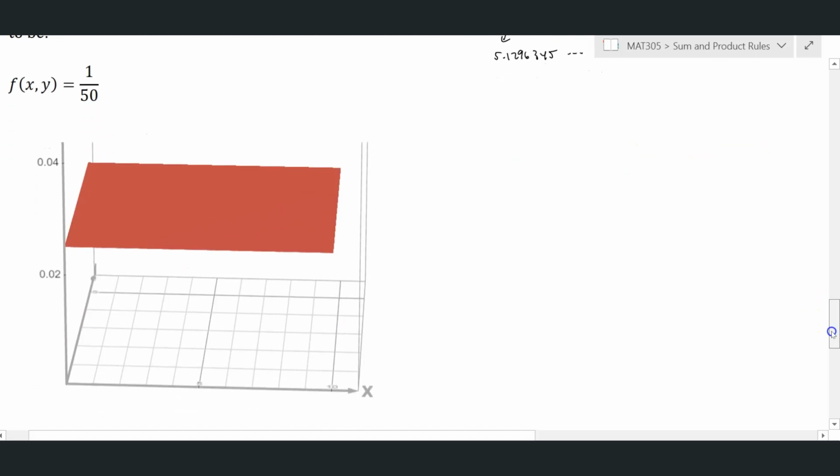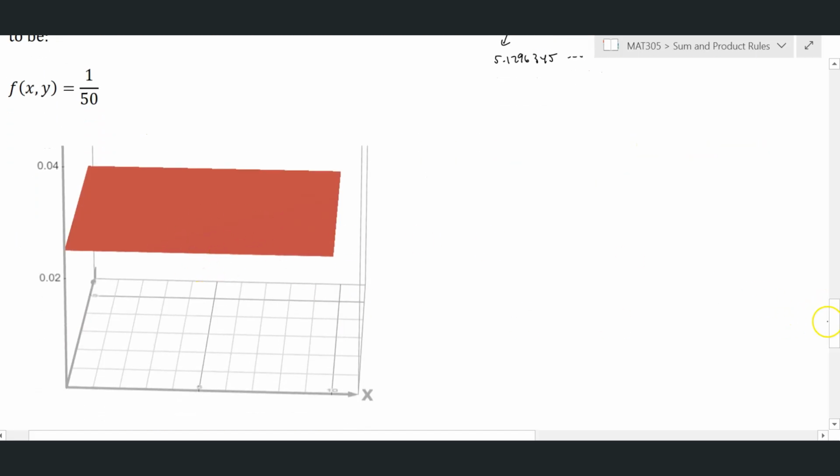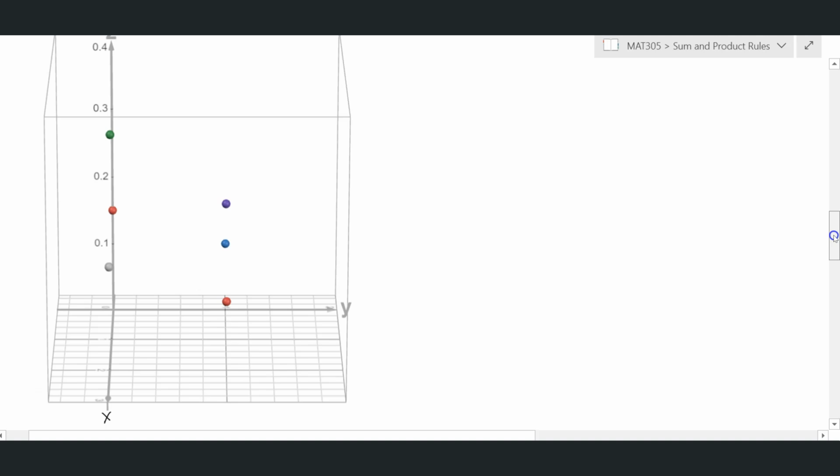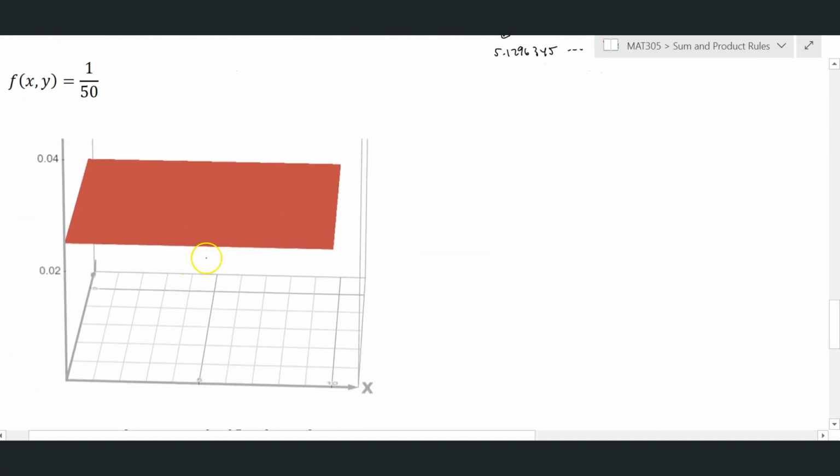And that's why we have a continuous surface now, analogous to this probability mass function. Now we just have this density function. And the density outputs a numerical value so that the area under here is 1.